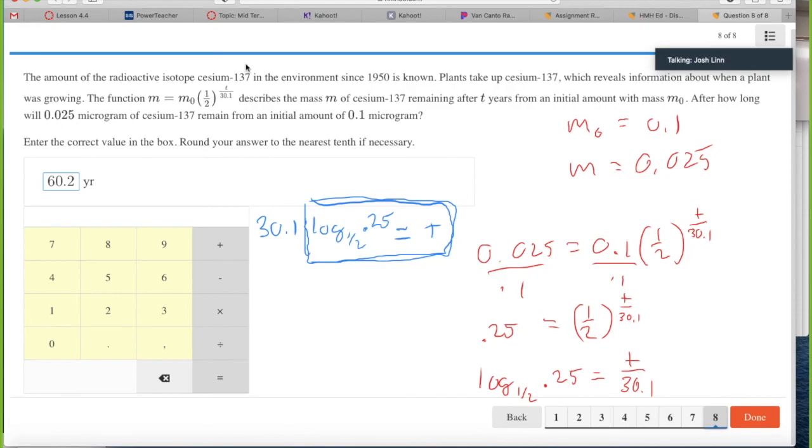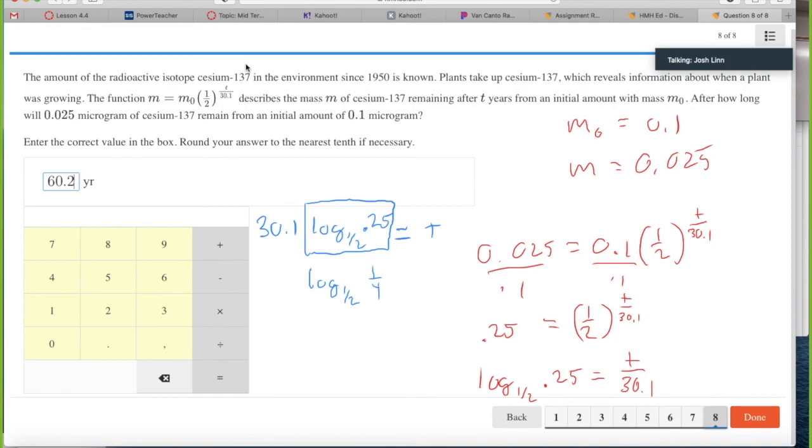So starting here, we can rewrite, let's get rid of that part. We can rewrite this part as first log base 1/2 of 1/4.